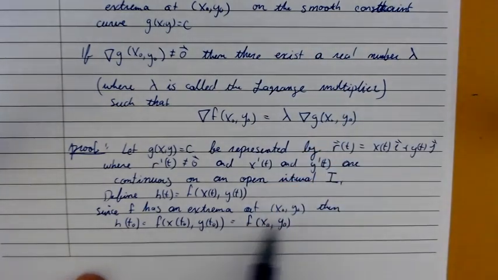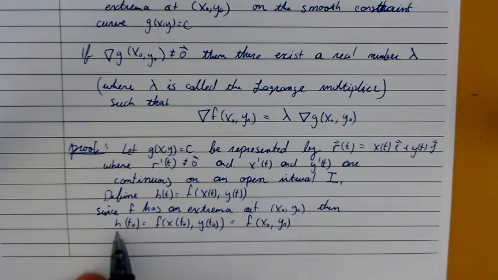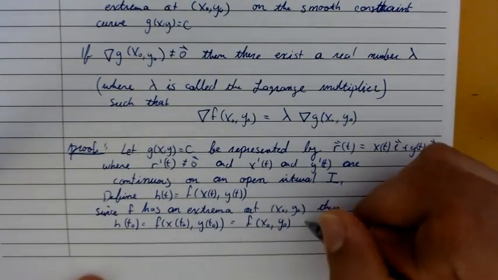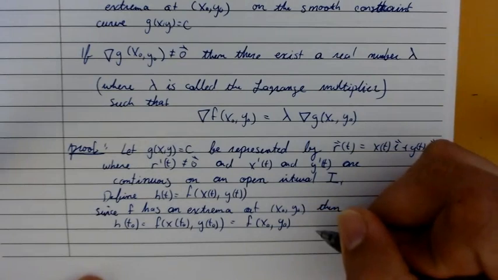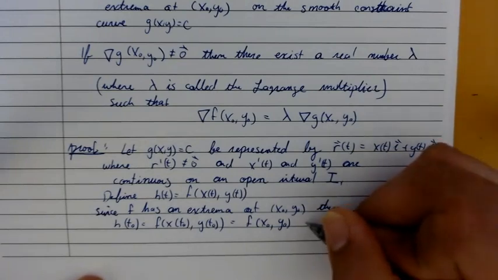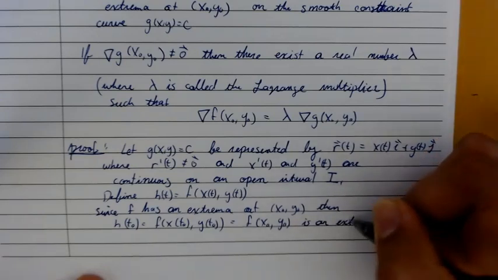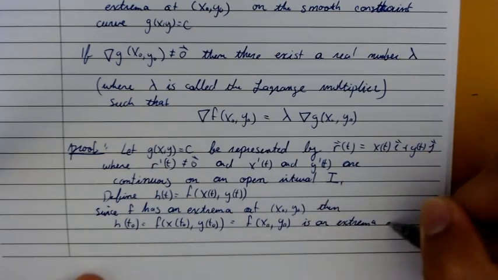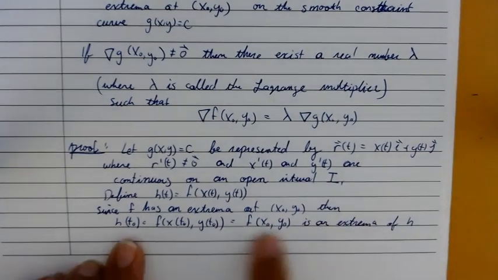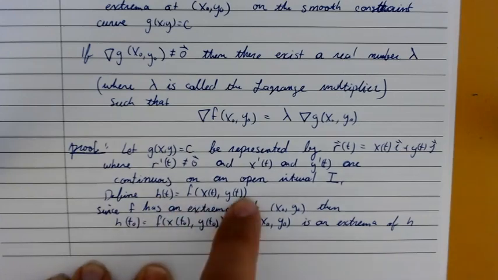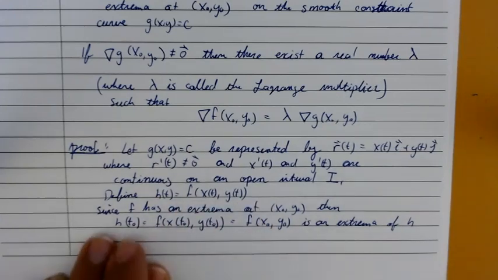Okay, so we know f has an extrema here, which means h of t naught must be the extrema of h. Right? If these are all equal to each other, this is an extrema of the function. Well, h is just a parameterization of this. So then that must be an extrema of the function h.